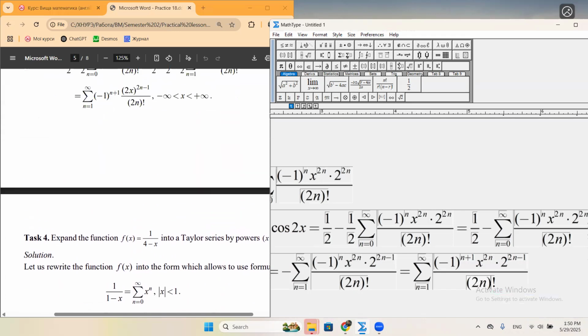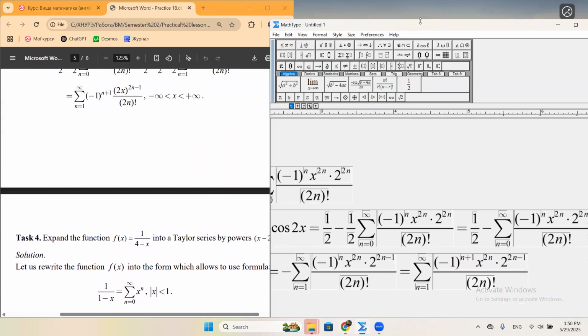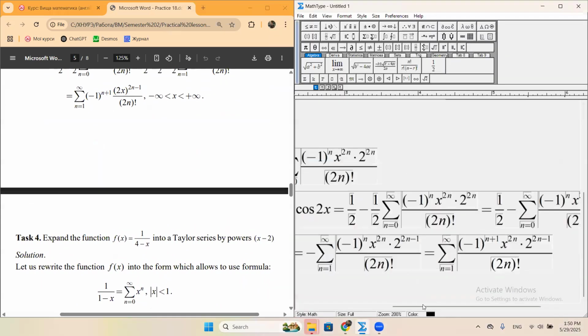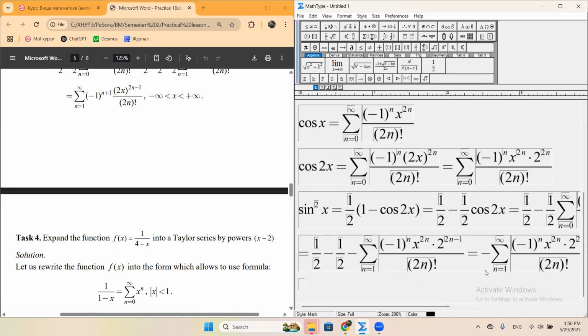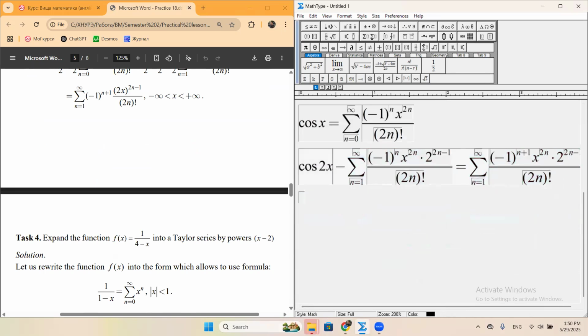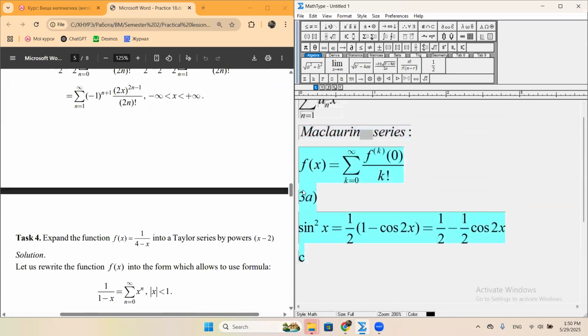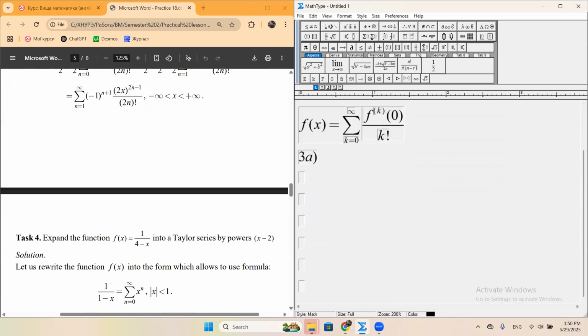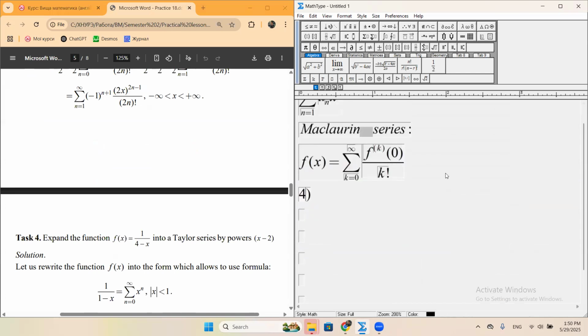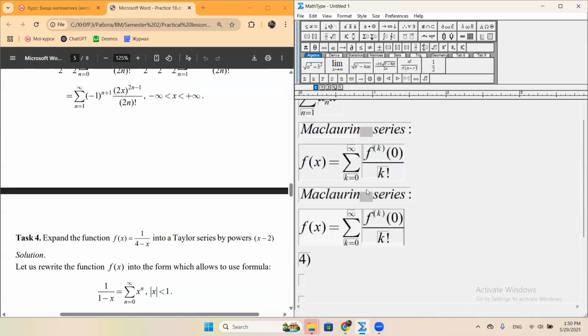And now we will practice with one more kind of expansion. So we will expand into the Taylor series. Actually, Maclaurin series is the partial case of the Taylor series. How to expand into Taylor series? Let me first of all write down the general form.